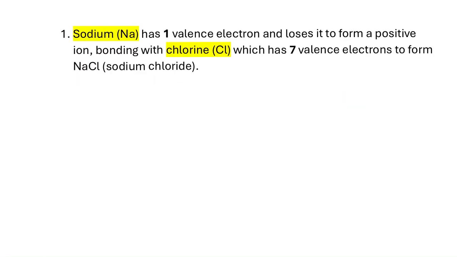Now let us practice on the compounds, how these atoms make compounds. Since sodium has 1 electron, it is going to give its electron to the chlorine, which has 7 electrons, as it has to follow the octet rule and become stable by achieving 8 electrons in its outermost shell.